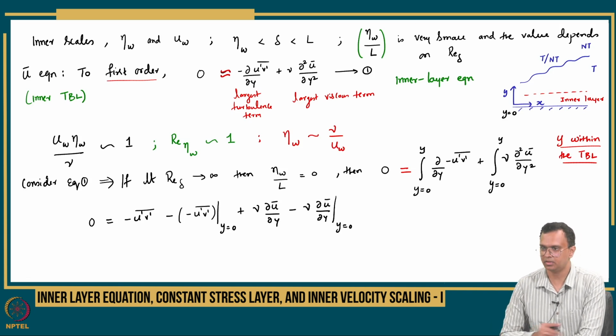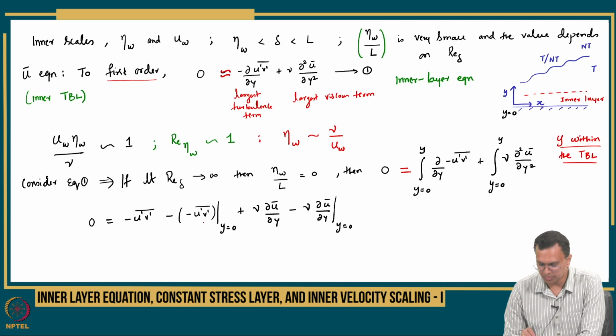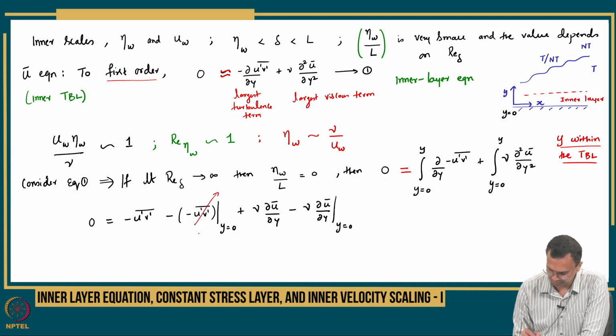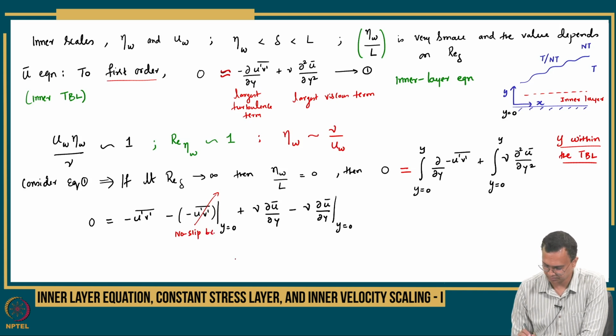Do all terms survive here, or should any terms be removed? We are applying a boundary condition here: for this particular term at y equal to 0, due to no slip and kinematic boundary condition, your turbulent shear stress must vanish. So this term must vanish due to your no slip boundary condition. Okay, fine.